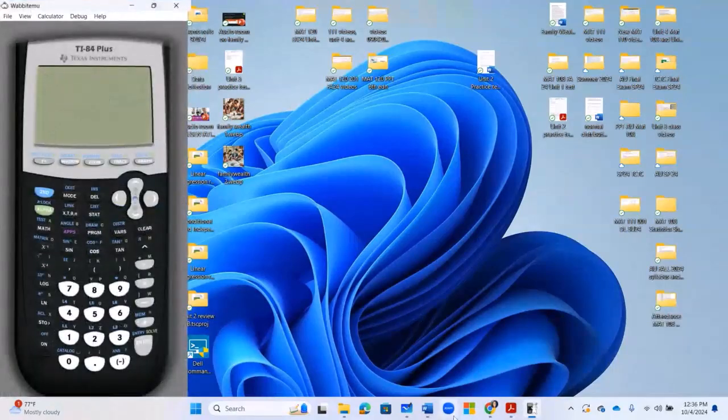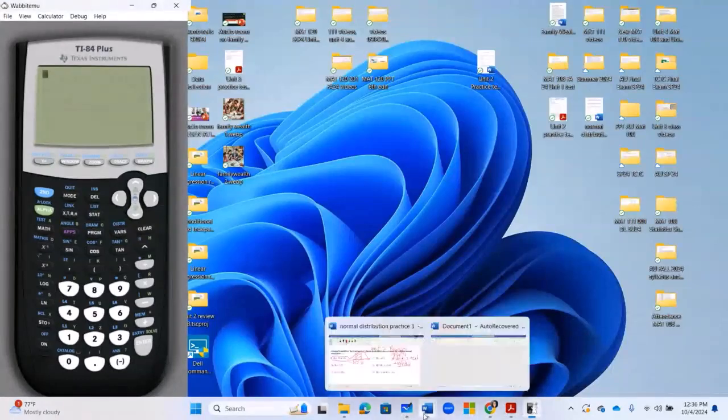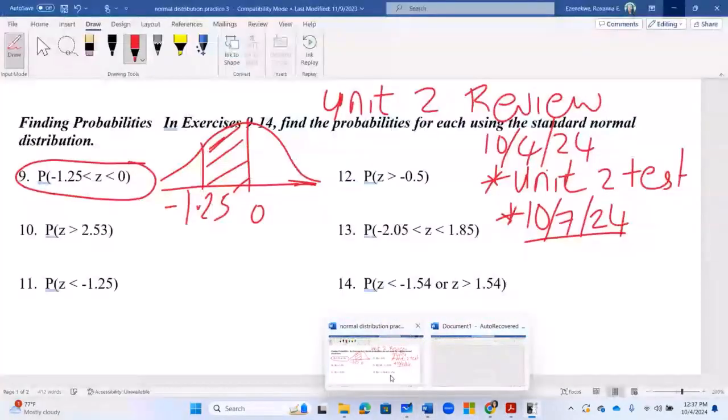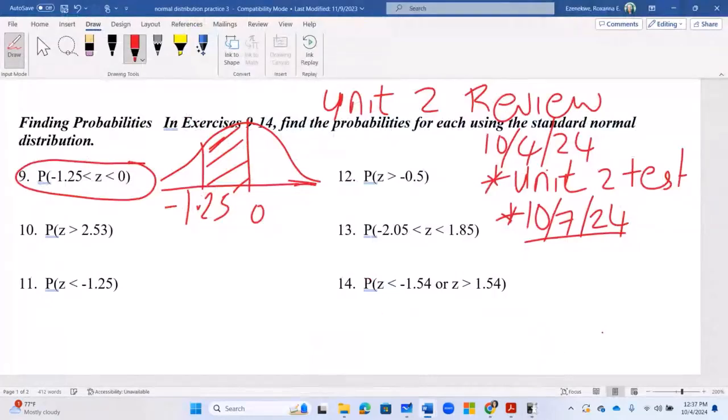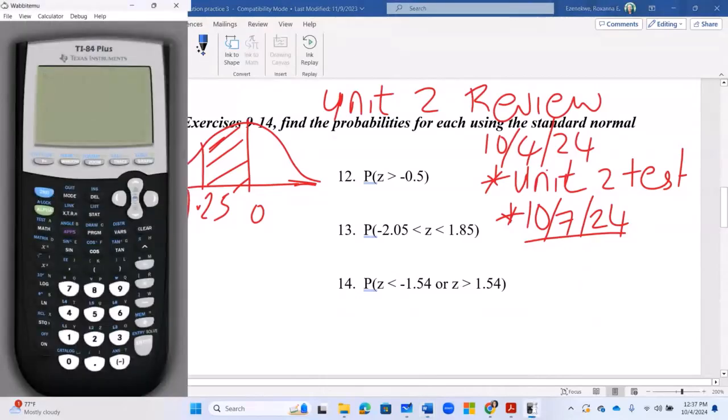Before I put in the numbers, I want to make sure that I write the argument that I'm going to give my calculator.